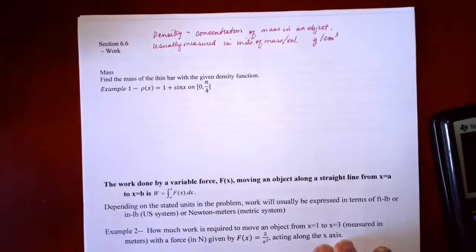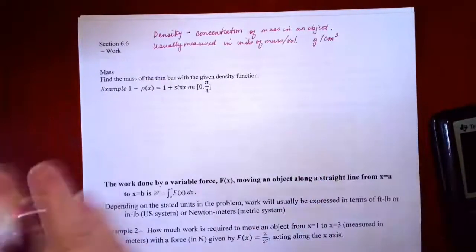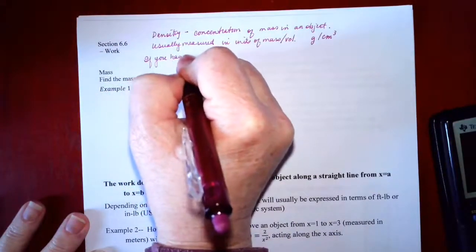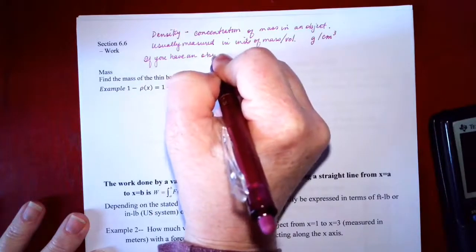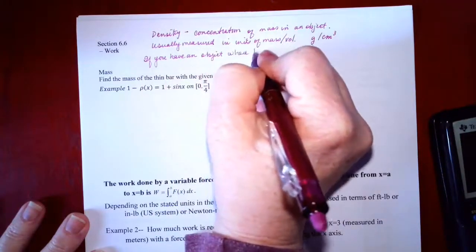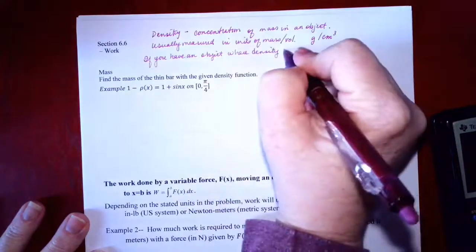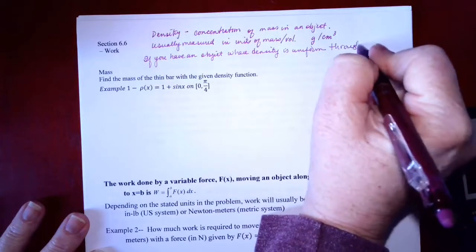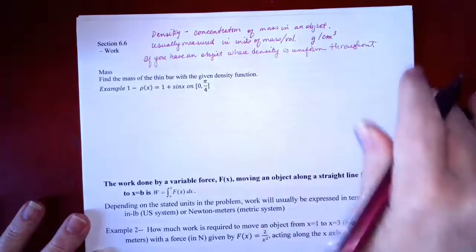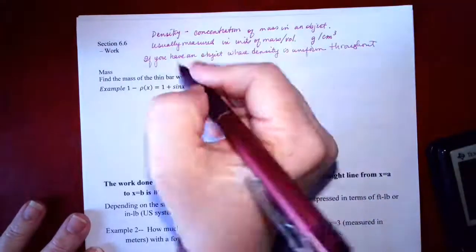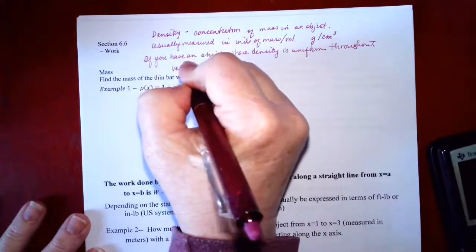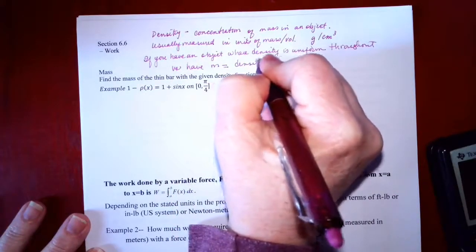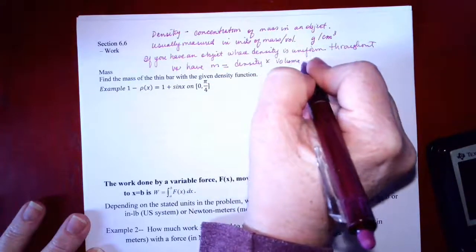Now, if you have an object where the density is uniform throughout the object, then the object satisfies the equation mass equals density times volume.